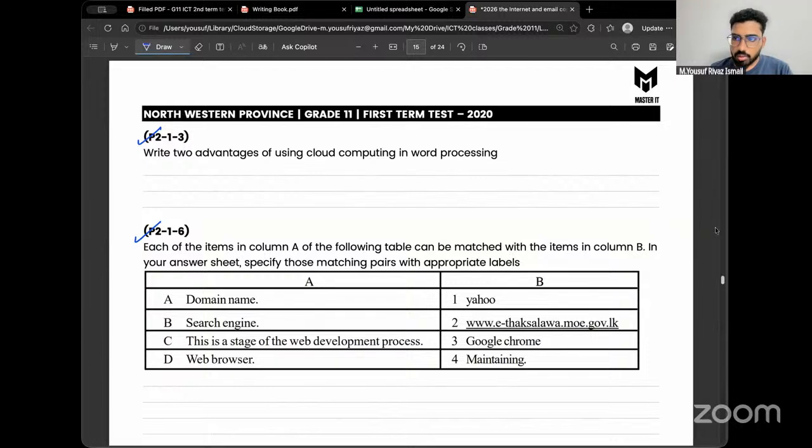Third lesson tute, Yumna. The internet and email. In that, this is page 10, law 11.